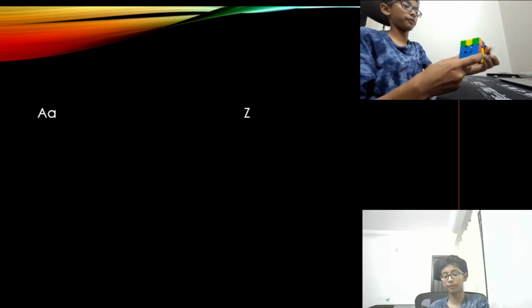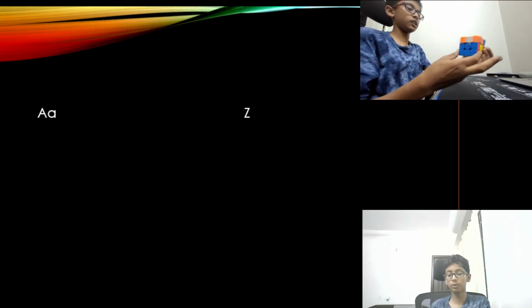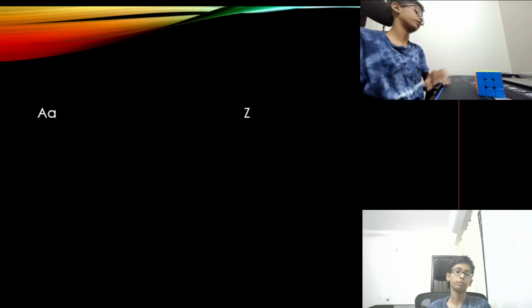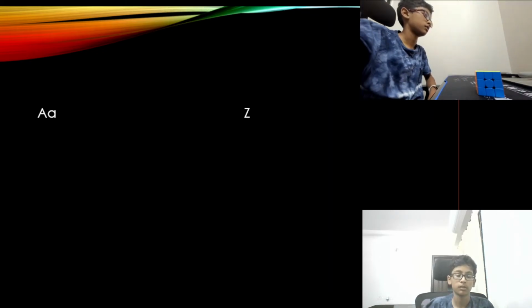Z, you need a lot of practice to become very fast, but AA, you don't need a lot of practice. That's why I'll choose AA.